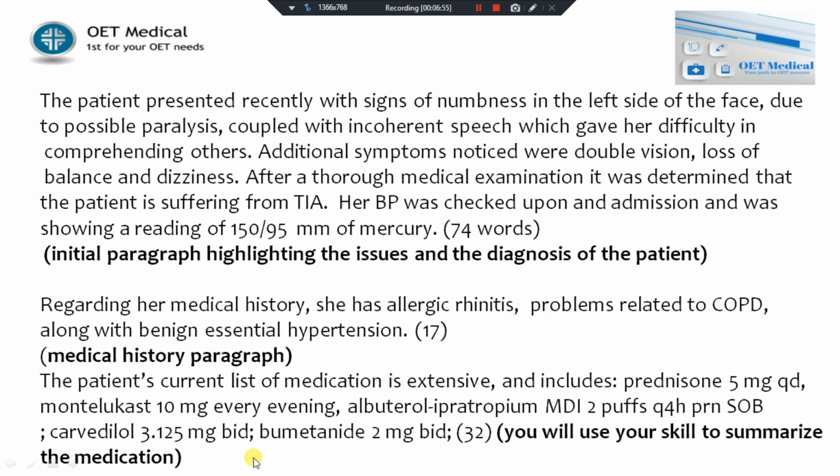And then what I've done here is I've listed some of the patient's medication. I haven't used all of it because there's a lot, as we know, and you will have to use your skill to summarize it down, remove things that aren't necessary, or decide whether you need to write all of it.